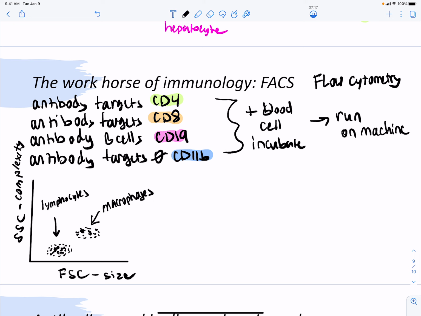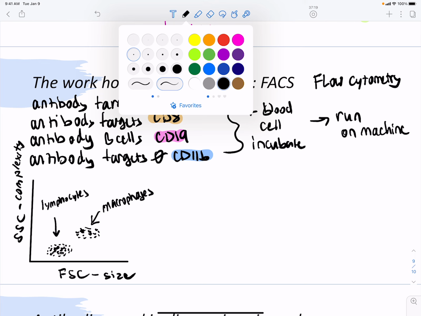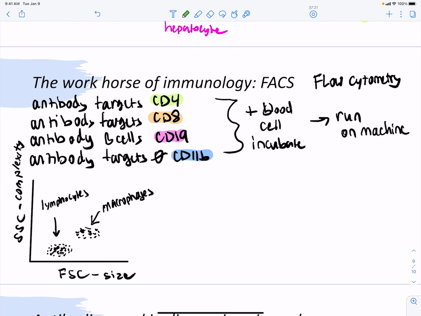Now what you can do is take these populations. So for example, we want to look at our macrophages, so we'll draw a box around our macrophages. And then we'll move those macrophages and look at them more closely. So we do have a macrophage marker in here.